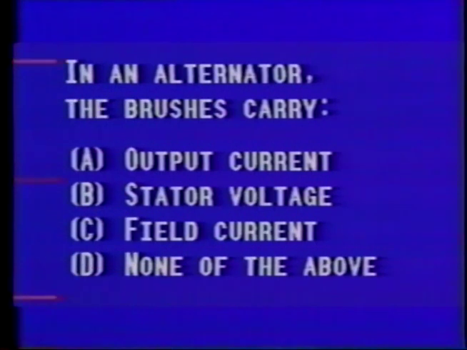In an alternator, the brushes carry A, output current, B, stator voltage, C, field current, D, none of the above. This simple choice question tests your understanding of the components that make up the individual electrical circuits in the alternator. The brushes, as you recall, contact the slip rings on the rotor assembly.